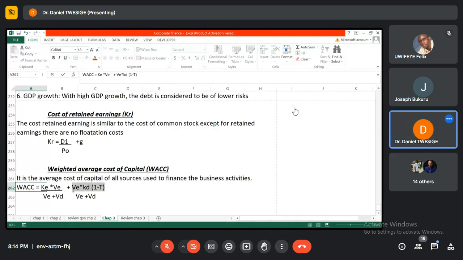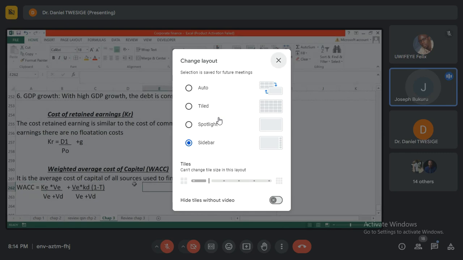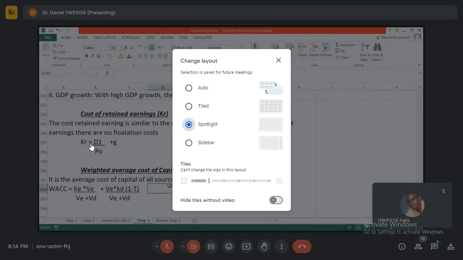Where VP is the value of preference share, and that's what we are going to look at again. Preference share, sometimes we consider it under equity, sometimes under debt.